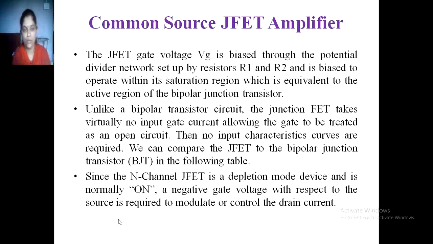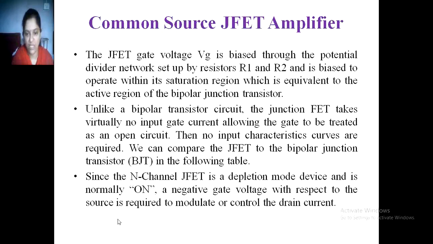Okay, so for the JFET, R1 and R2 make the potential divider network, because for proper operation of the JFET, the gate to source terminal must be negative, meaning the gate terminal must be negative with respect to the source.